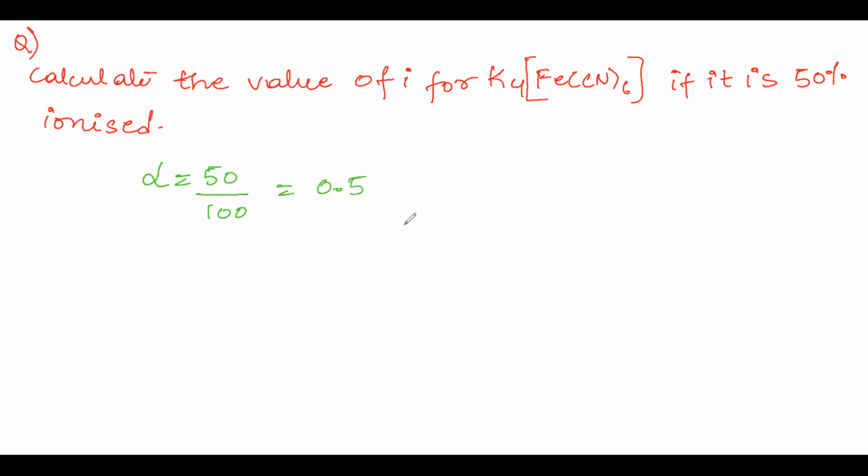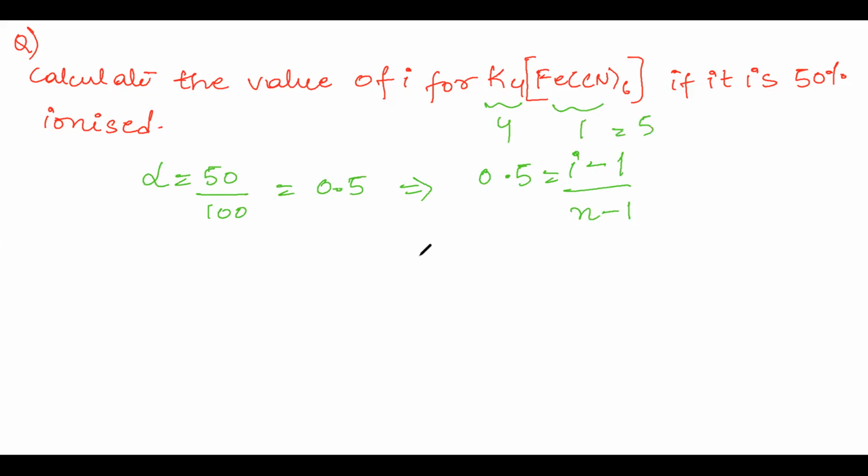So 0.5 is equal to (i minus 1) by (n minus 1). What is n here? n is equal to 5, because potassium ferrocyanide dissociates to form 4K+ and Fe(CN)6 4-.